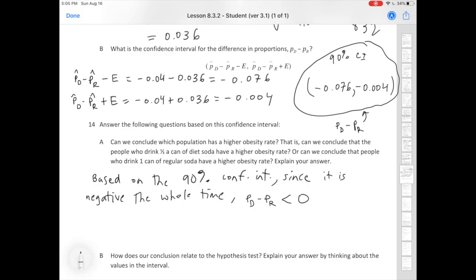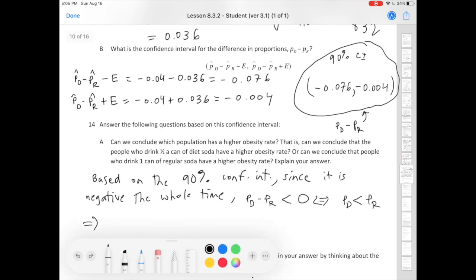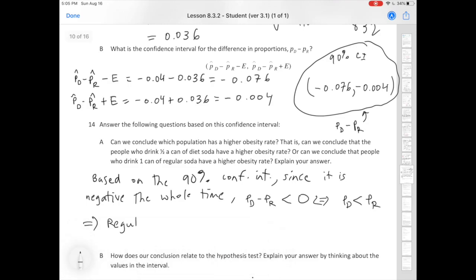Remember, for that to be true, this is the same as PD being less than PR. So this implies that, they're asking us who has a higher obesity rate, so let me just say regular soda drinkers have a higher obesity rate.